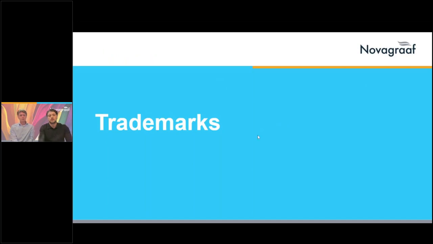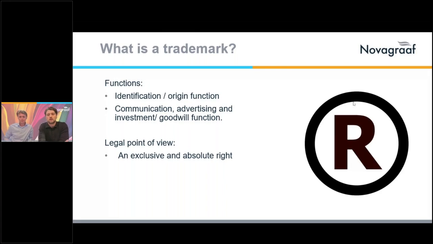And next up, trademarks, a topic that is perhaps more well known with you. But before we jump into the legal aspects, maybe it's good to answer the question, what is a trademark? Why does it exist?